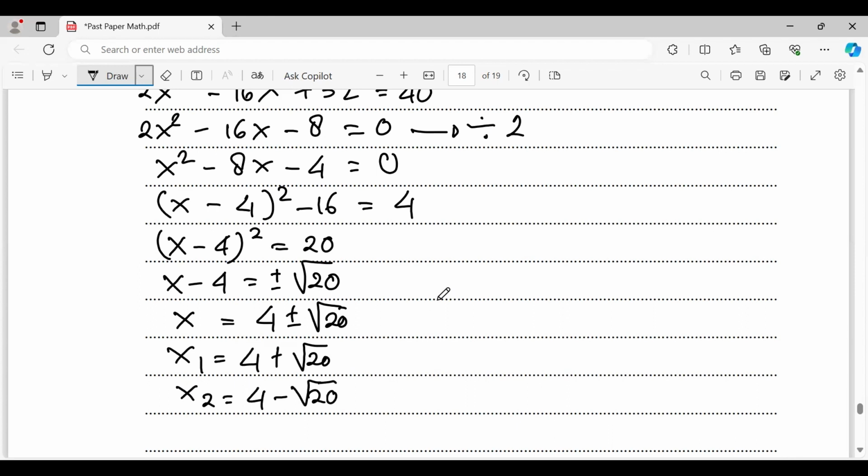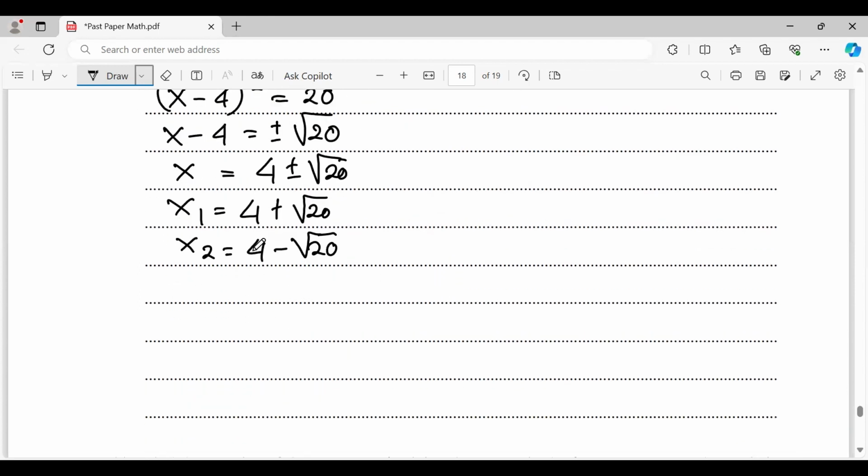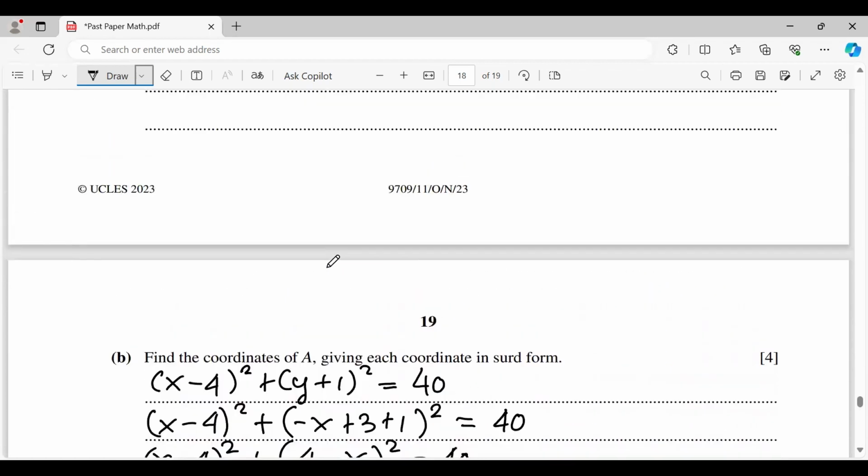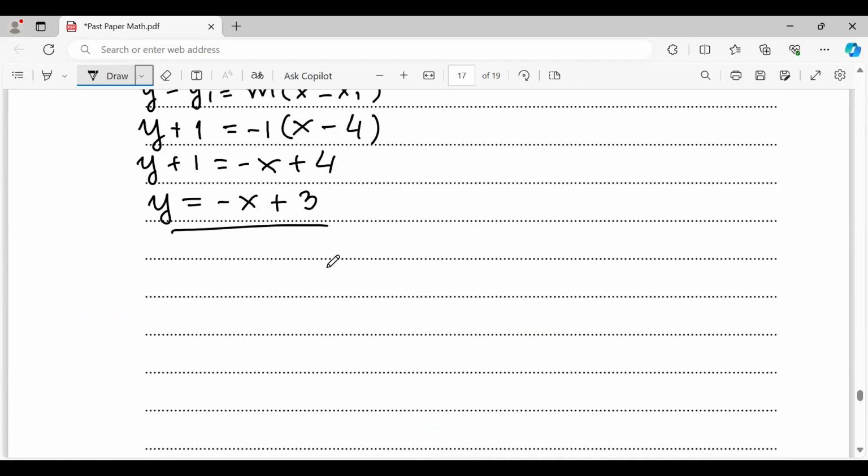Right. Now for x equals 4 plus square root 20, substitute into the straight line equation.